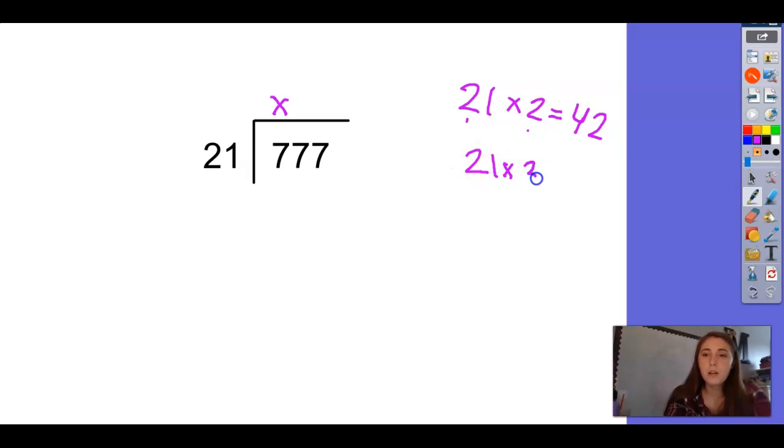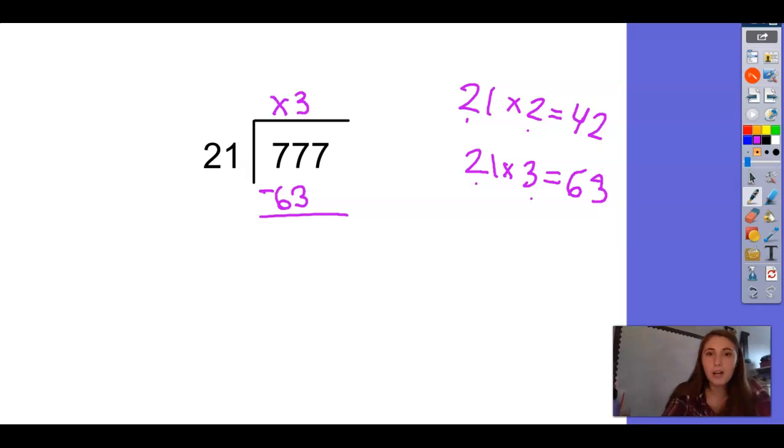I know that 20 times 3 gives me 60, and 1 times 3 gives me 3. So 63. So I know I can fit it in 3 times. So I'm going to put a 3 for my tens place, and then subtract 63 from 77.